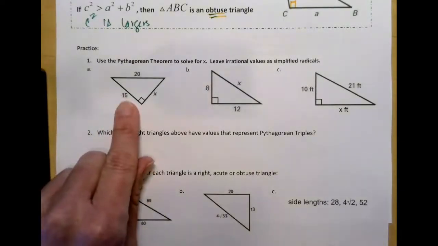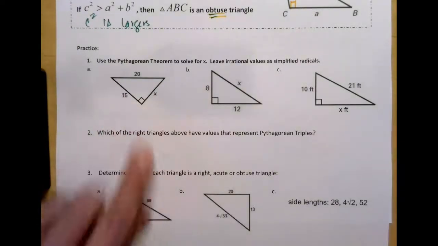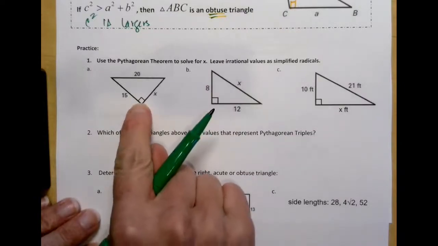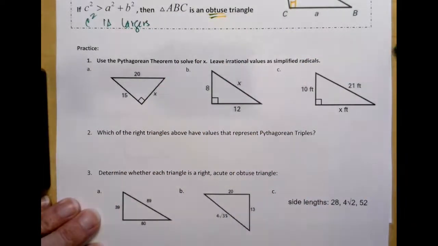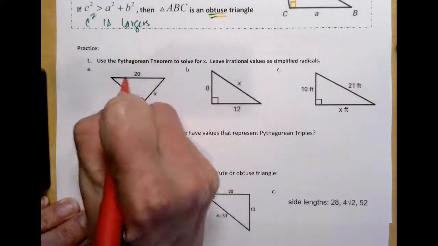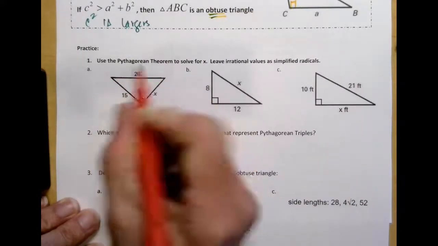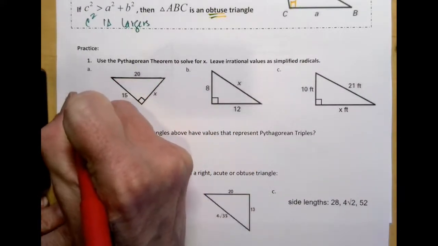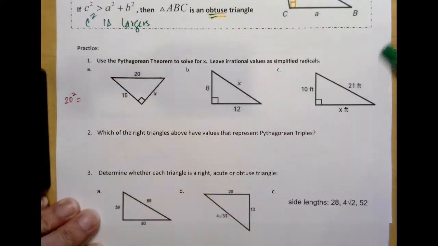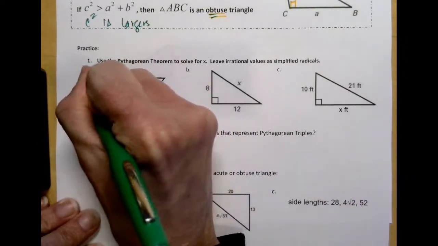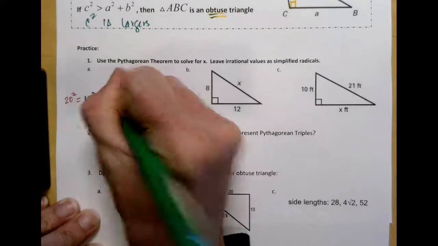Okay, so first of all, let's talk about how we go ahead and solve for that missing side. Our side c is always going to be opposite of our right angle. So I know that 20 squared is going to be equal to my 15 squared plus my x squared.